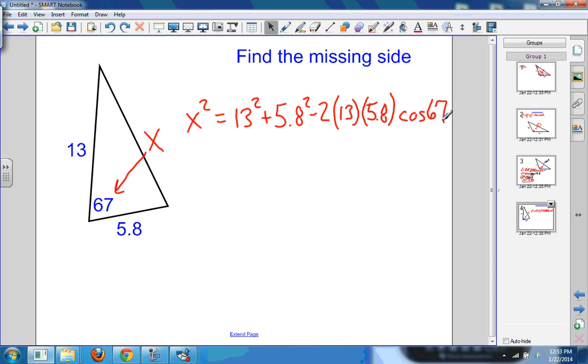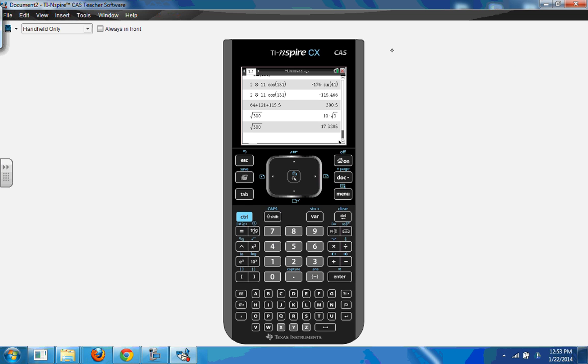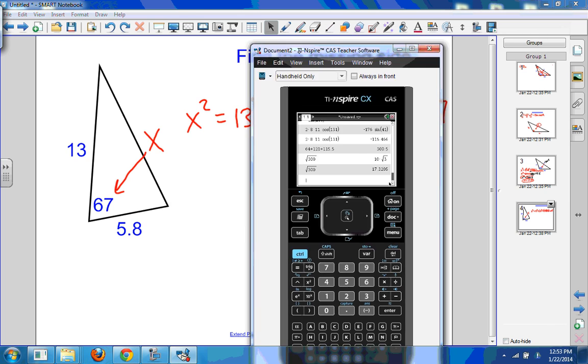Alright. Now this time around I'm going to go ahead and try and put all that in my calculator at once. Which we can do as long as we do it carefully. Move it over here so I can see.